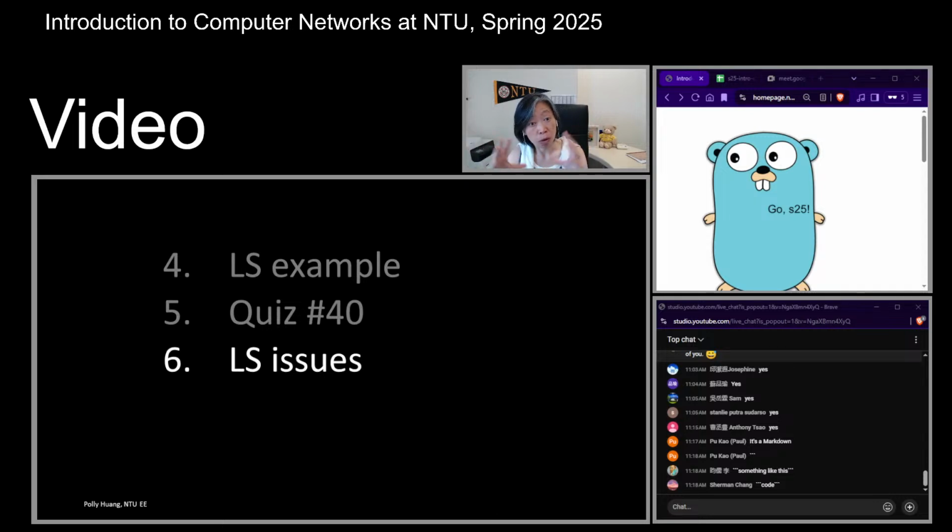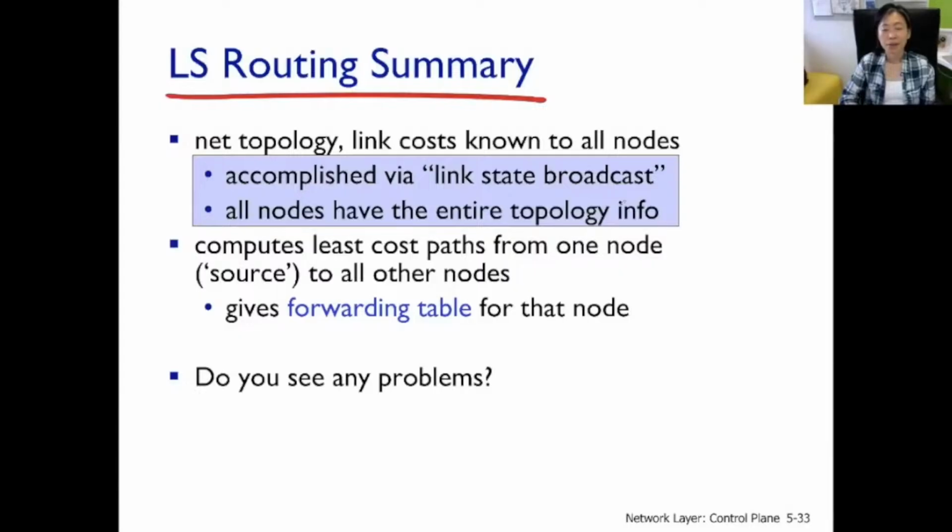A bigger network requires more memory space as well. That's the most serious issue with link state routing: a scalability issue. When N grows, memory space, traffic overhead, and computation overhead, which we have already talked about in issue 1, will also grow higher. So that was the last piece of the puzzle, link state routing.